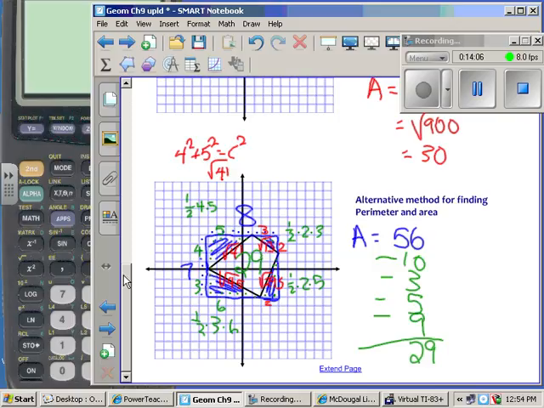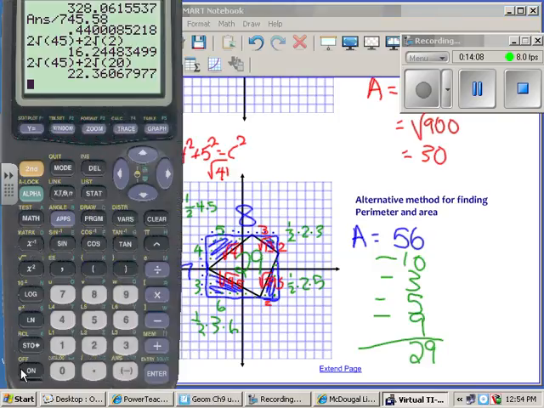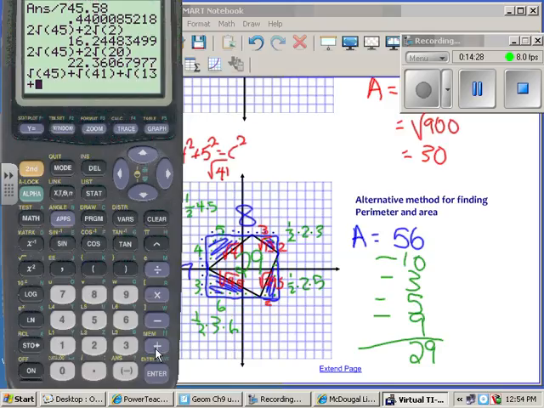And then I just plug all those in. Square root of 45 plus, don't forget to put your end parentheses on, otherwise it's going to mess up. Square root of 41 plus square root of 13 plus square root of the last one, 29.